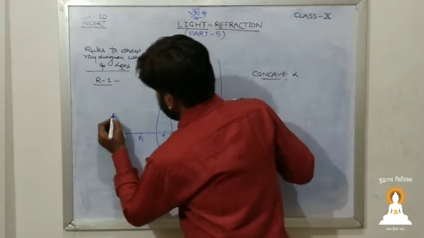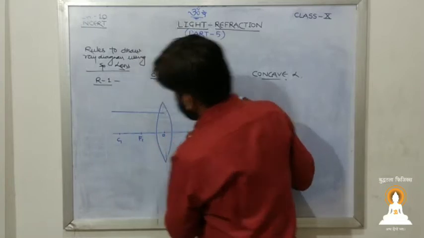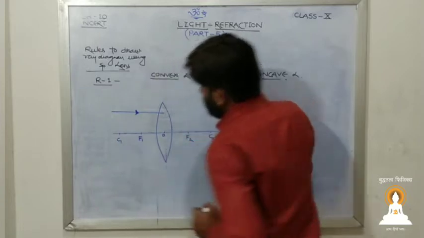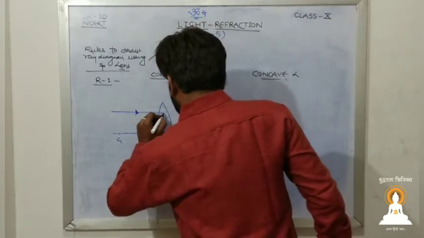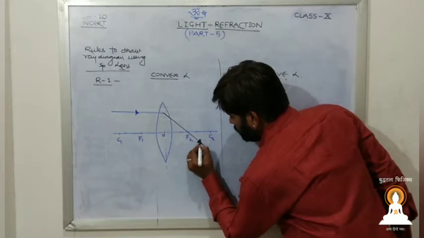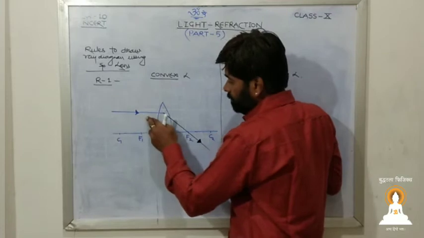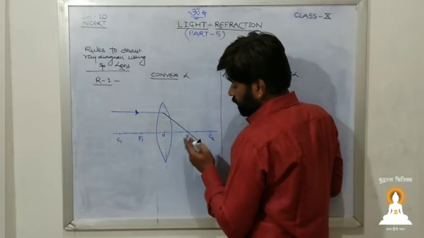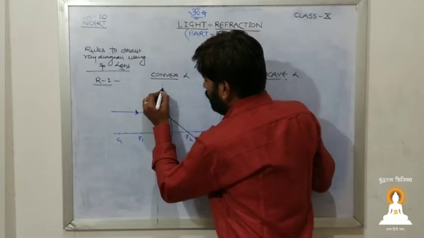Rule number 1 says, when a ray comes from infinity parallel to the principal axis, just after refraction it will pass through the focus on the other side. Very important.